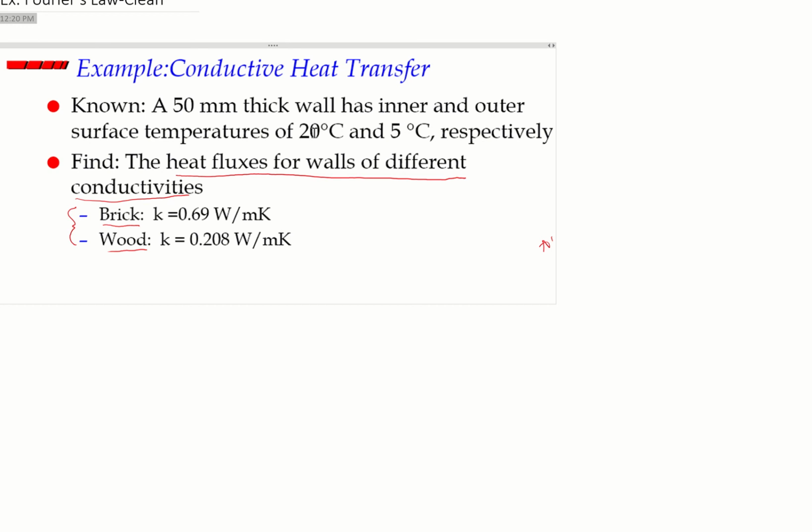The inner wall is hotter than the outer wall, therefore heat will be transferred through the wall. We're asked to find the heat flux for two different types of walls that have different conductivities. One is a brick wall, and the other wall is wood.